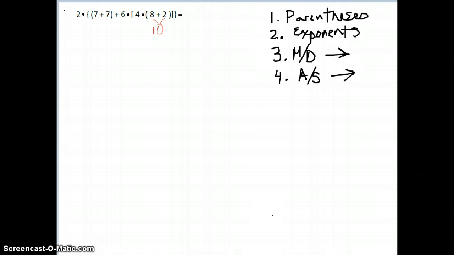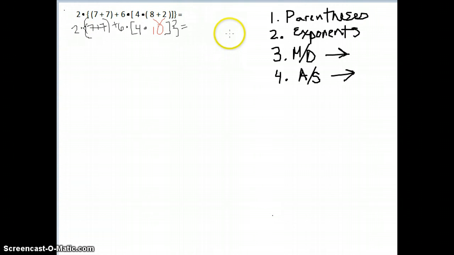So after I do just one step, I'm going to copy the rest of the problem just like it was, so that I can keep track of what I'm doing. Let's see, I forgot one set of parentheses over here.